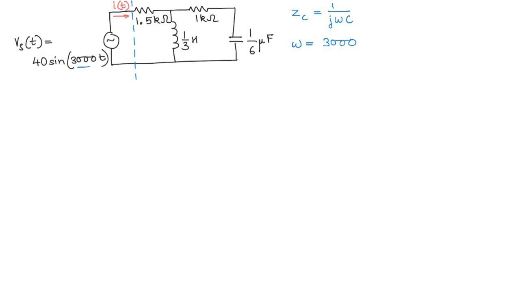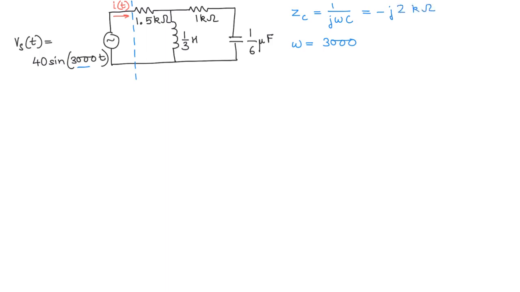So you can substitute the values of omega and of c in this formula, and you should be able to get minus j 2 kilo ohms.